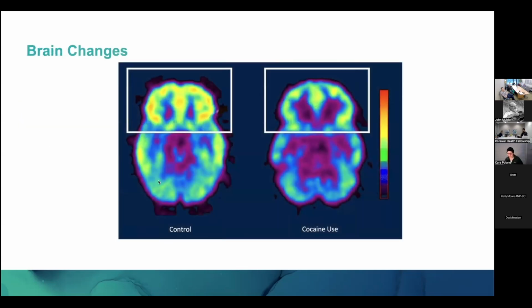We can actually see pretty concrete brain changes. This is an old famous NIDA study, a functional MRI, with the frontal lobe in the white box, and you can see that in the person with cocaine use, their brain is just not lighting up as well. After a period of about 2 years of abstinence, these brains are not statistically significantly different in terms of their functional status. So when somebody has an active substance use disorder or is in early recovery, their brain is just not able to process as well.